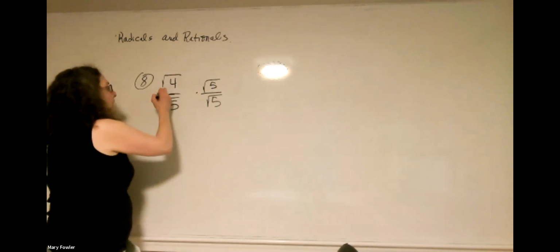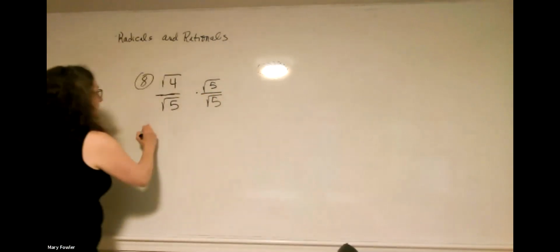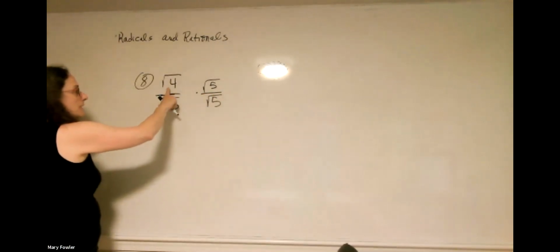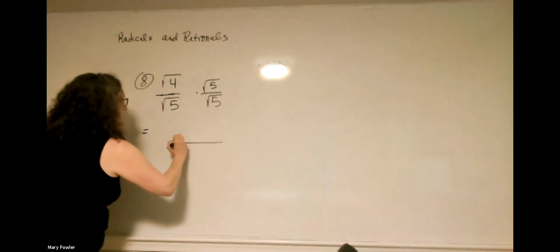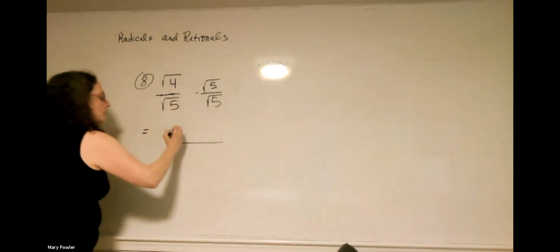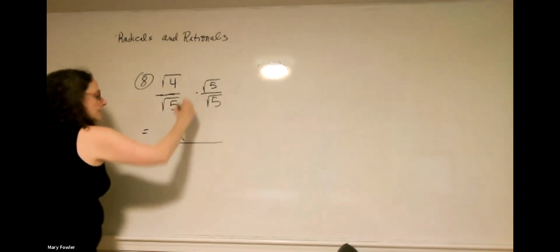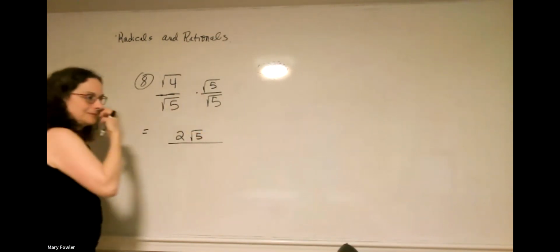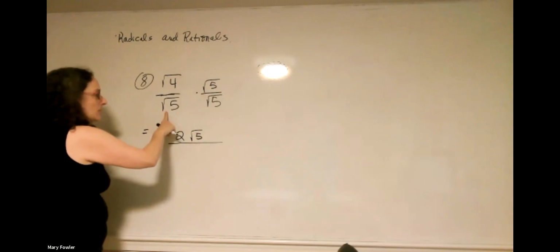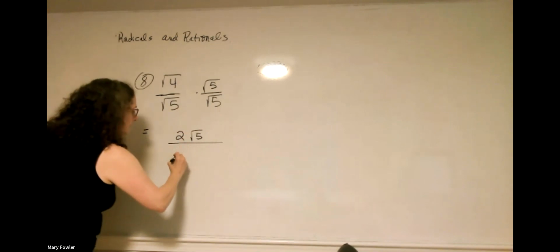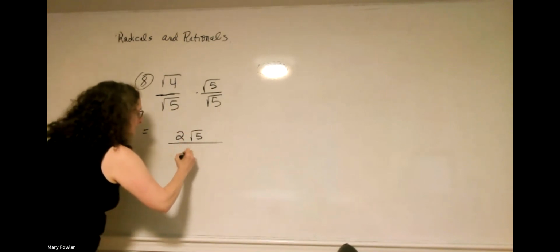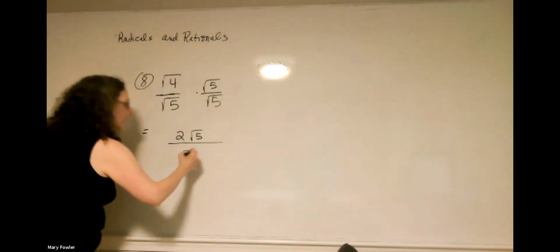Okay, so we're going to multiply here. In the numerator, we get the square root of 4 times the square root of 5. Well, the square root of 4 is 2. Square root of 5, we'll keep it like that. In the denominator, square root of 5 times square root of 5 is 5.